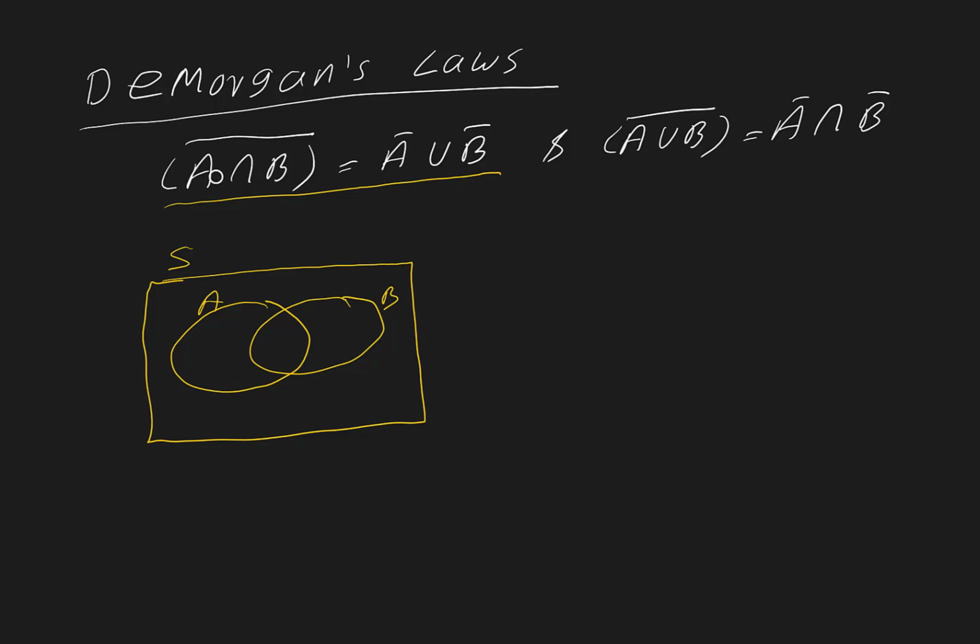What is the meaning of that? A intersection B is this. You know that is the A intersection B. But we consider the complement, therefore we consider the whole area but the intersection. So I color this.